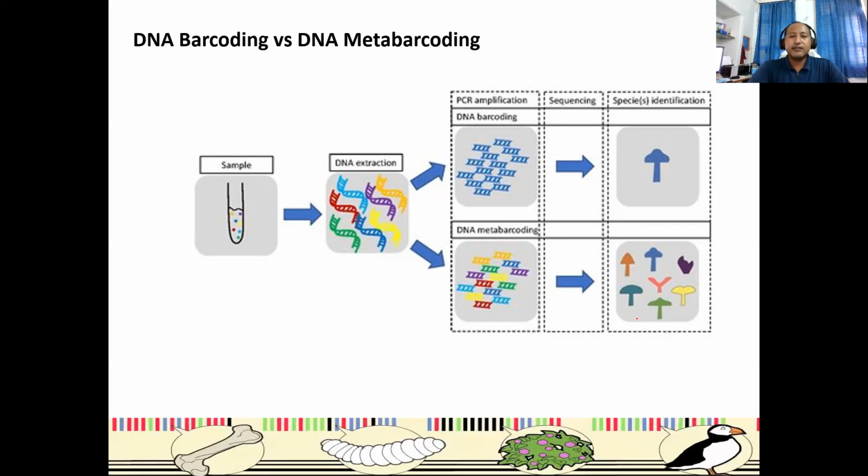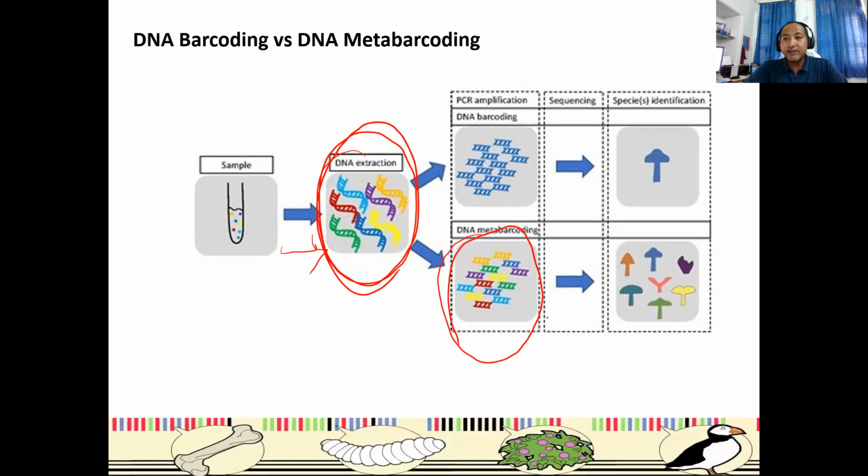Okay, it is a mixed sample, that is fine. You go for DNA extraction, so that DNA will also be a mixture of several species. Then you amplify it using those primers. Then after amplification, you will get several different sequences.